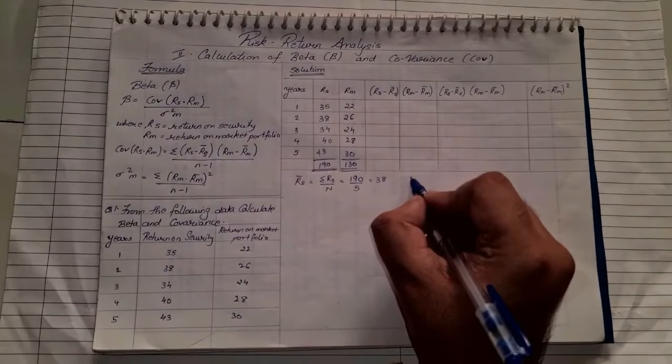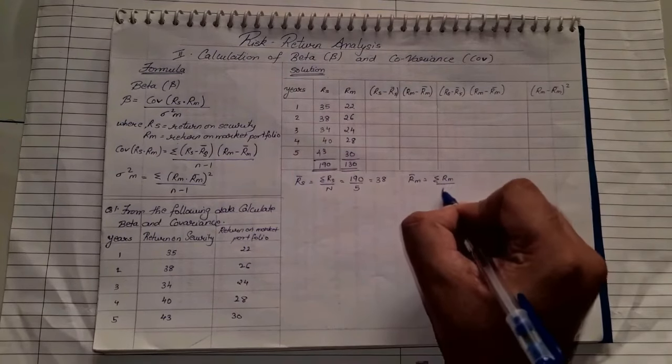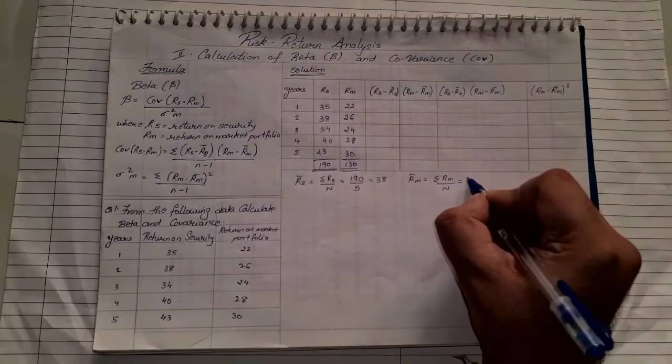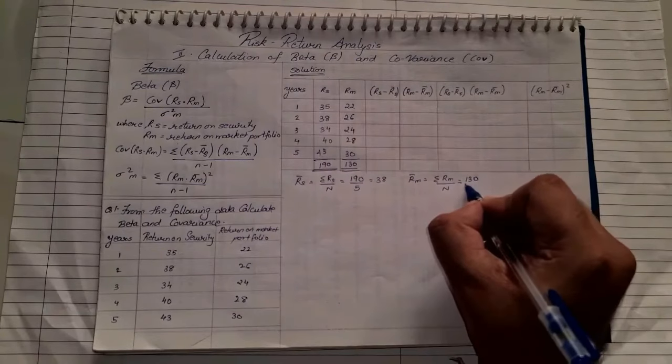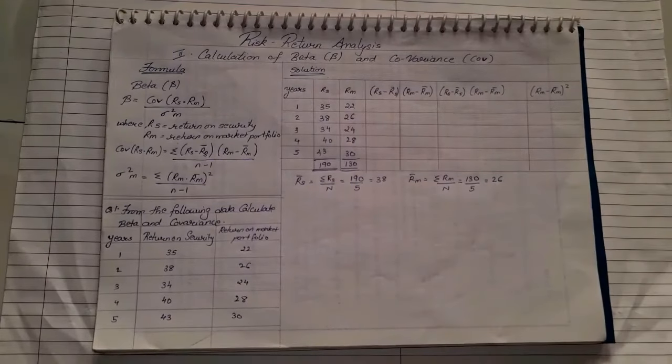Similarly, we also need to find R bar M, that is the total of RM upon N, that is 130 divided by 5, which comes to 26. That's the very first step that needs to be noted.